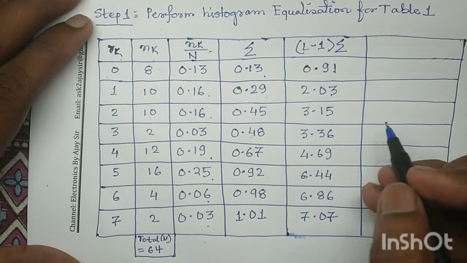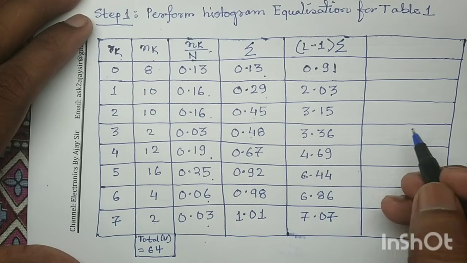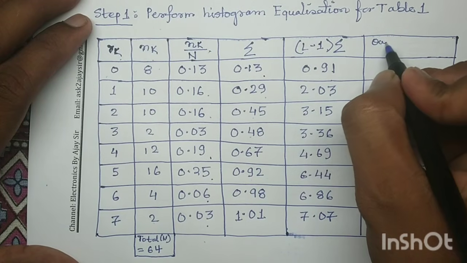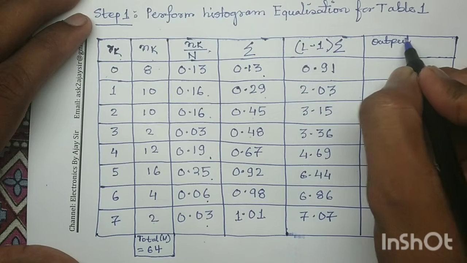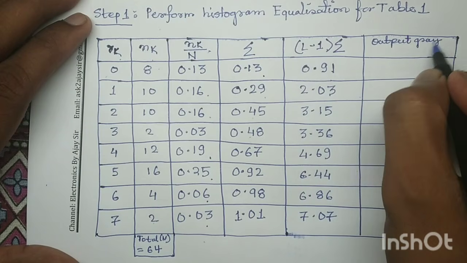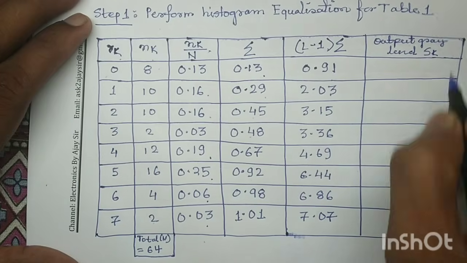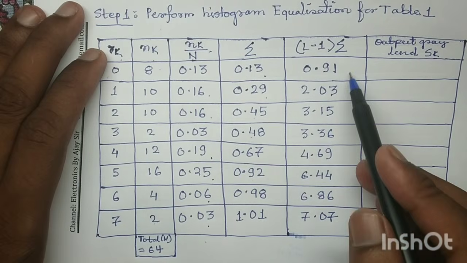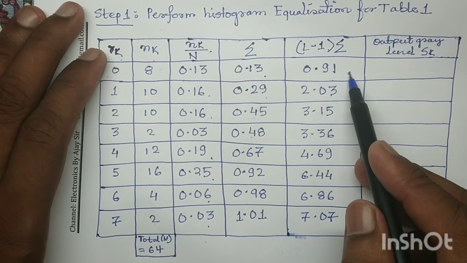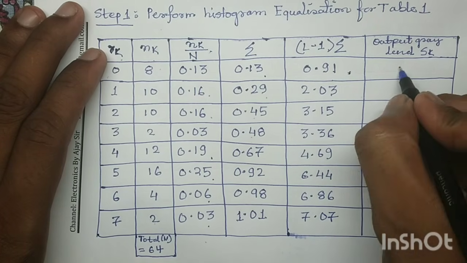After determining L minus 1 into sigma, next we will write the output gray level, represented by sk. So we will round off these numbers to the nearest integer. For 0.91, the nearest integer is 1.